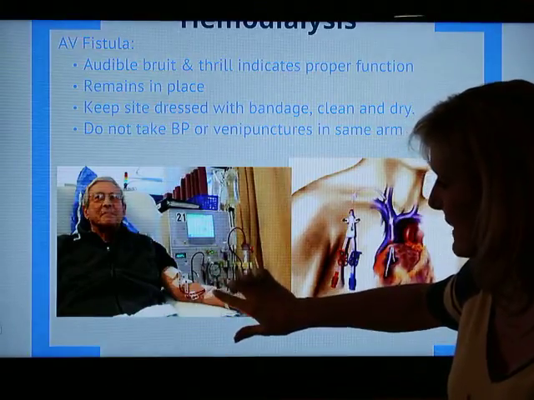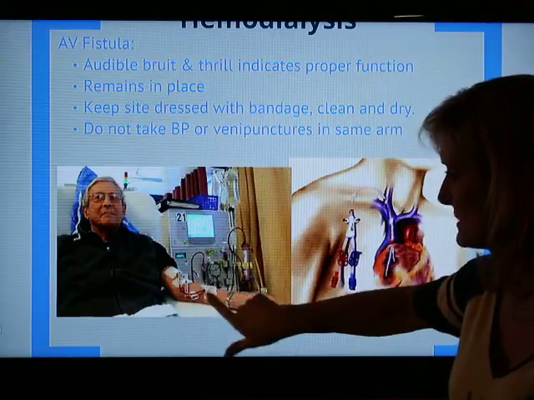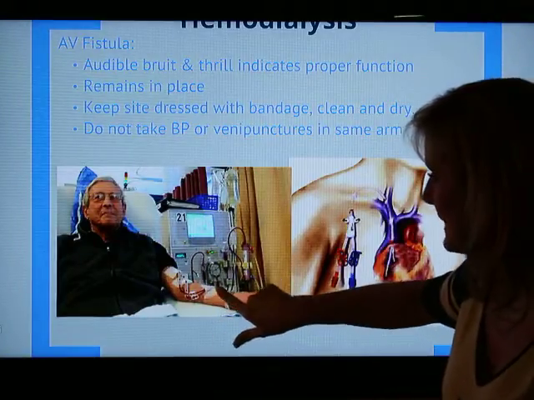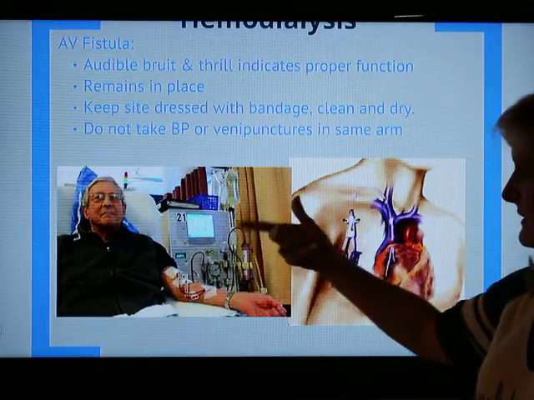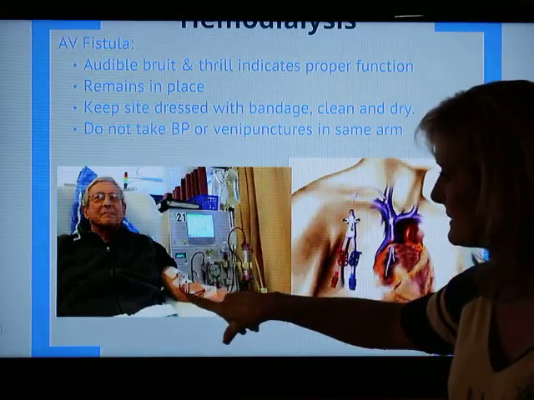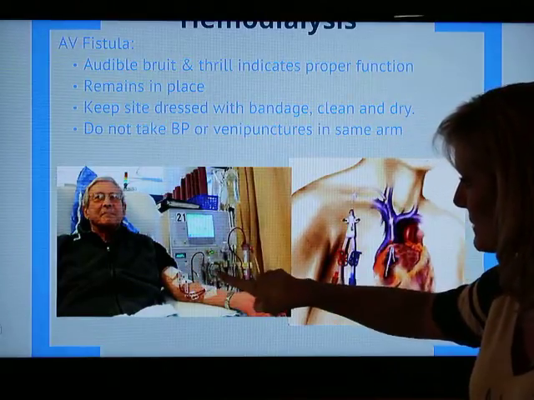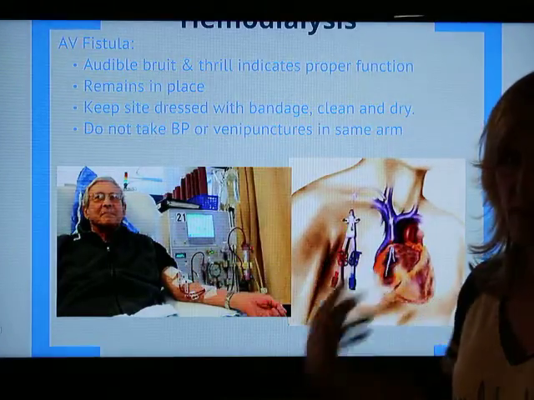You have to be careful with infection, so you keep it covered with an adhesive Band-Aid. Then you go into the dialysis unit, and they just hook it up to the machine, so all of the blood that's going over here has all that waste product in it.